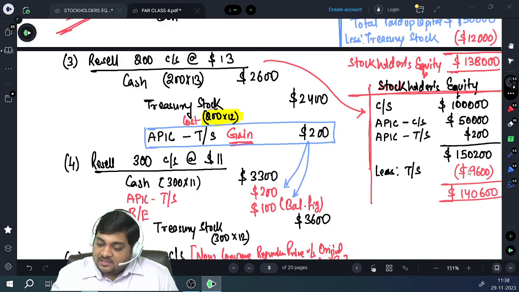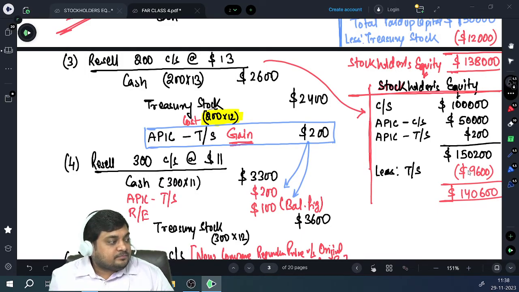See, we had 14600. The total stockholders' equity will remain the same.